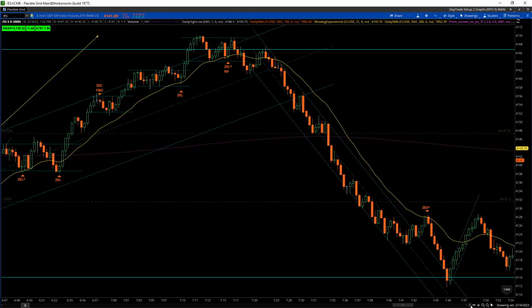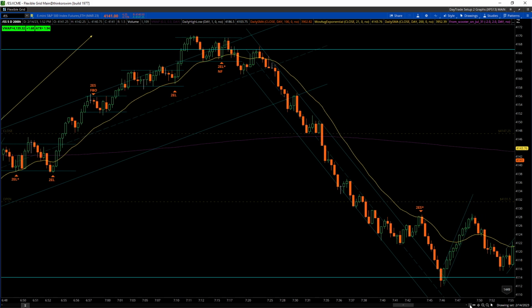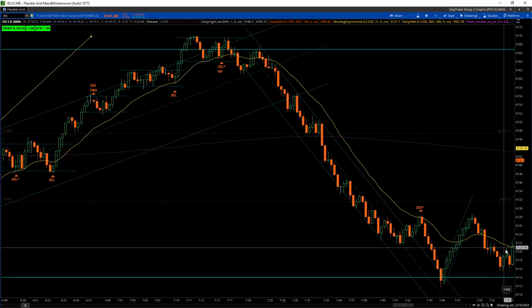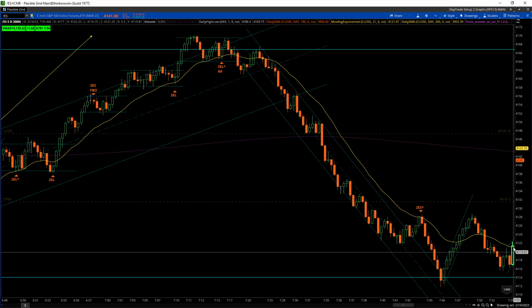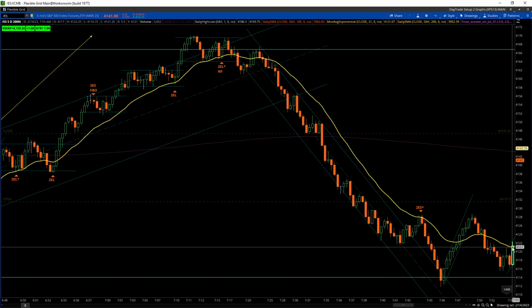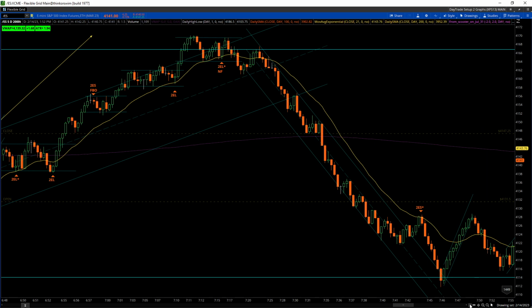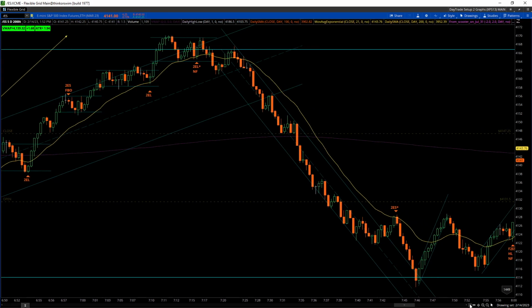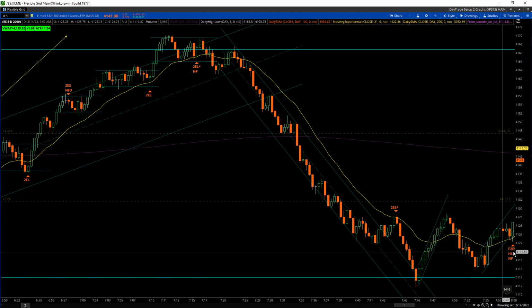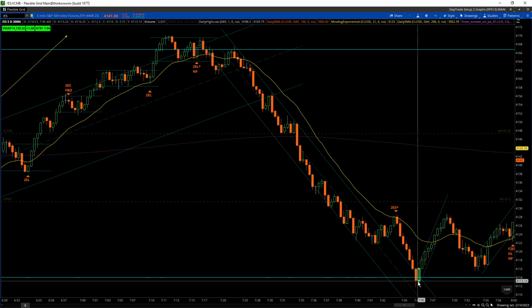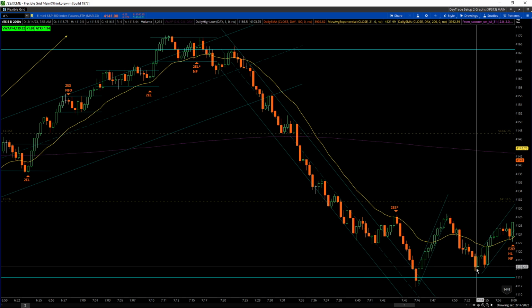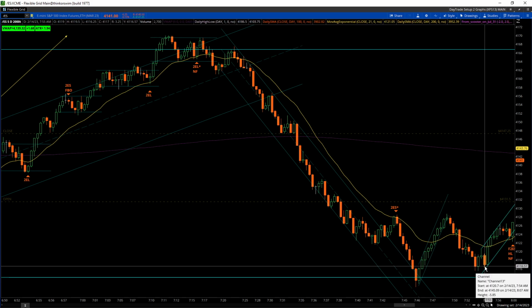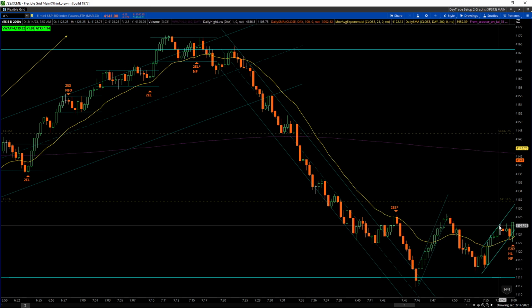And here we're getting set up and I see a first entry long, a second entry long, but I thought it was kind of near the low and there wasn't that much room to the EMA, so I kind of left it alone. Then prices continue chopping, and now if you count this as a new low, it's a first entry short, second entry short, and then it comes back up.